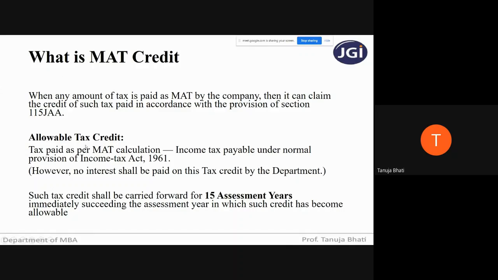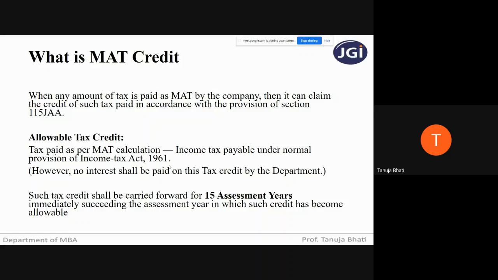So students, see here, allowable tax credit: tax paid as per the MAT calculation minus income tax payable under normal provisions of the Income Tax Act, 1961. So what is a credit? Whenever you get a sum on MAT, first calculate the tax to be paid by a company as per the normal provisions of the Income Tax Act, which you all know how to calculate.